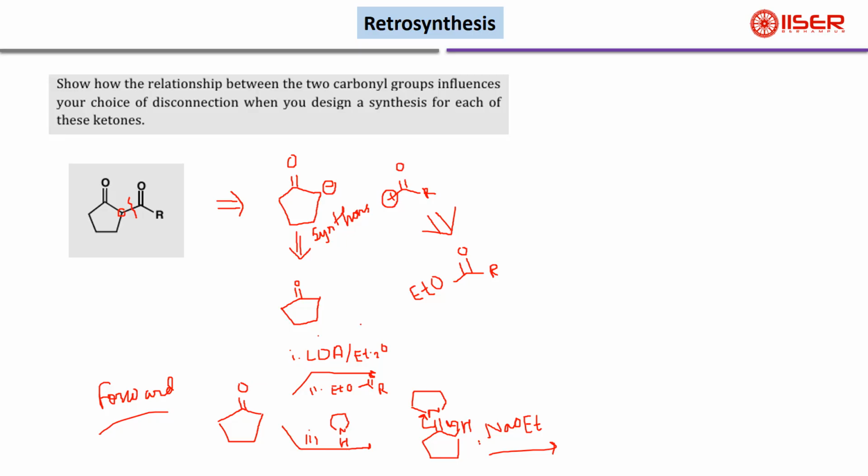In the next step, we add this electrophile, and it will be incorporated in a similar way. So whenever there are two carbonyls one carbon apart, you can go through this disconnection pathway.